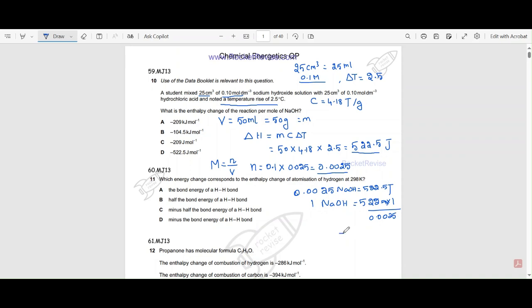So finally we will get 209,000 joule per mole of NaOH. If you convert that into kilojoule, then 209 kilojoule per mole. So that will be the answer. Hope you have understood that one. Thank you.